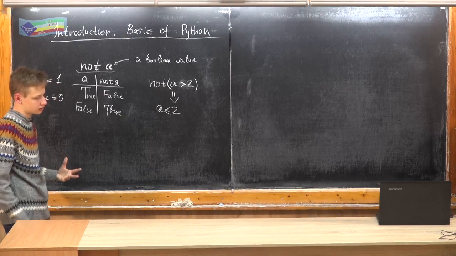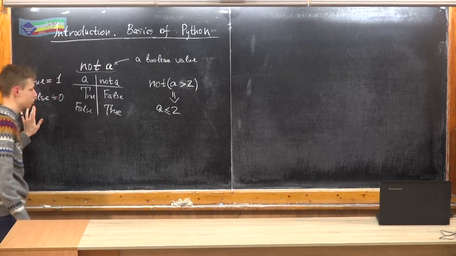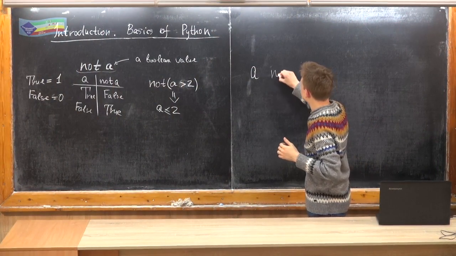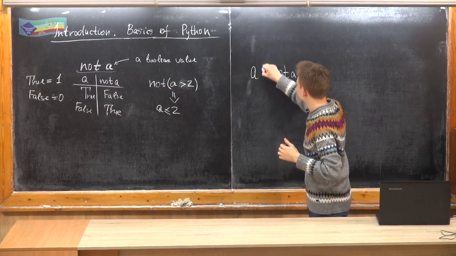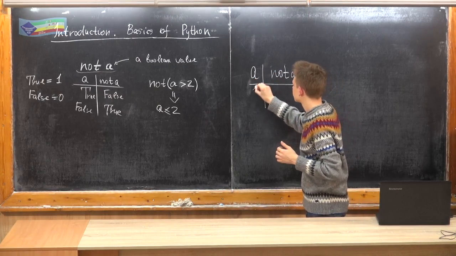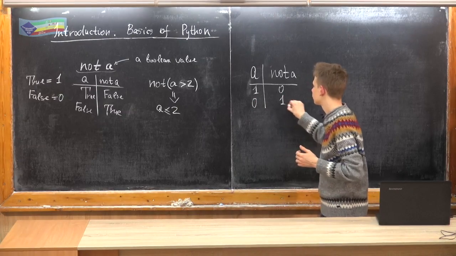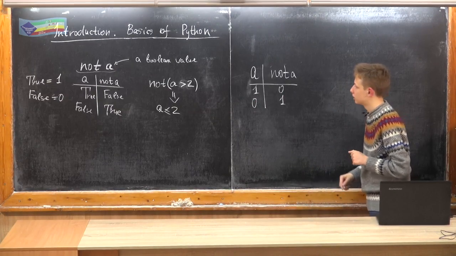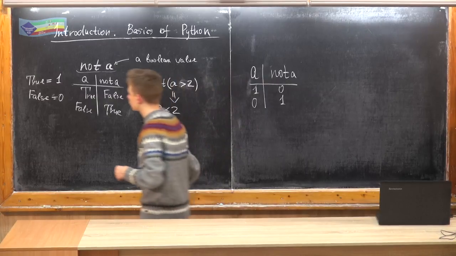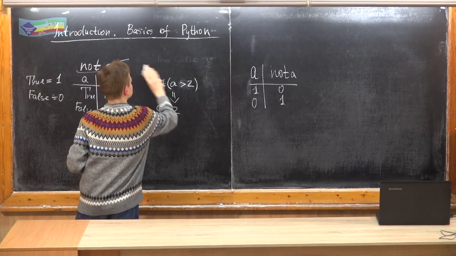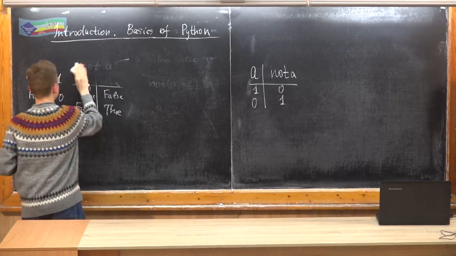It will understand that it's a Boolean value, true or false. And following these replacements, we can recreate our table like following. 1 becomes 0, 0 becomes 1. Pretty clear. So I will put this table there.